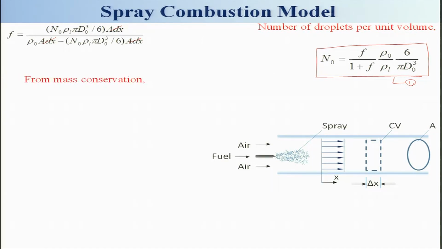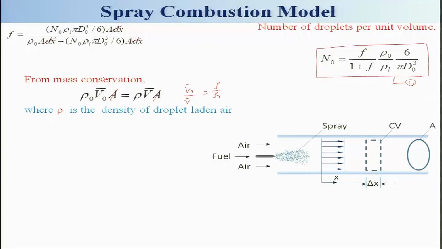So, for mass conservation, if you look at it, I can cancel this out and I will get V naught average by V is equal to rho by rho naught. But what is this V naught average?